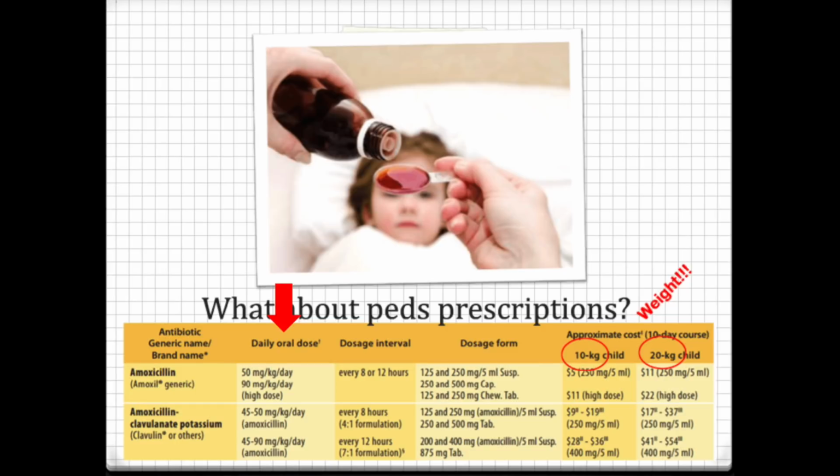In the case of amoxicillin, it's 50 to 90 milligrams per kilogram per day. Thirdly, we need to know how frequently they need to be taking the medication in a day. In other words, is it a daily dose, or is it something that they take twice a day or 3 times a day? And lastly, the concentration that the medication comes in needs to be known.